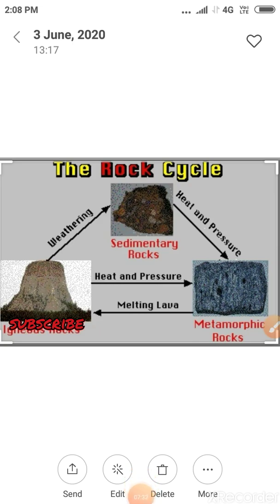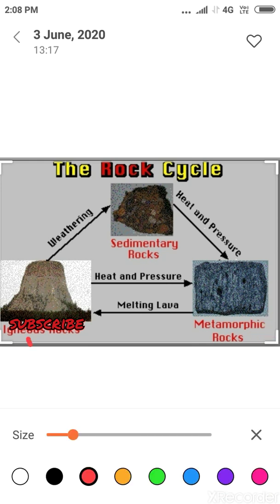The process of transformation of the rocks from one to another is known as the rock cycle. It describes the changes among the three main types of rock: igneous rock, sedimentary rock, and metamorphic rock.